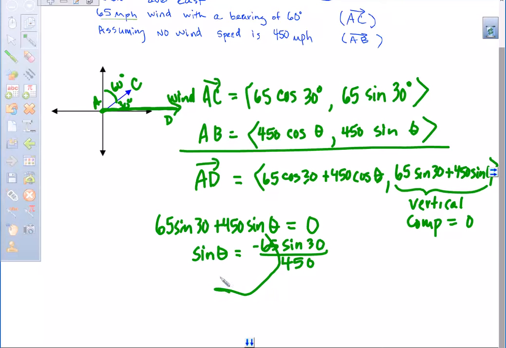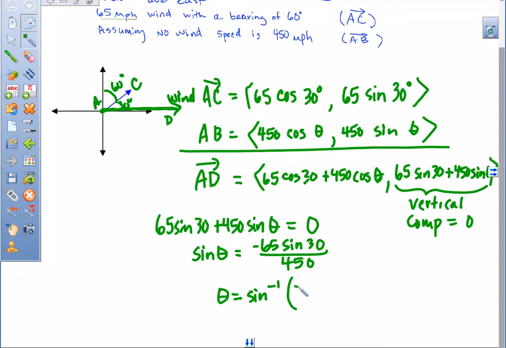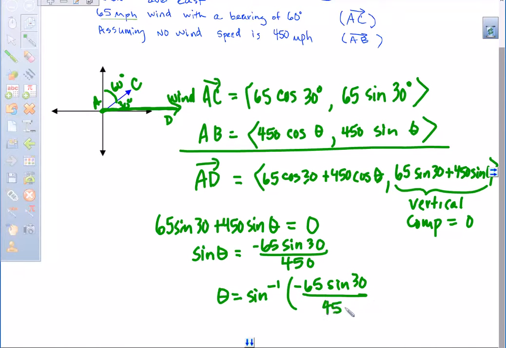When we do inverse sine of that, this is approximately negative 4.14 degrees.